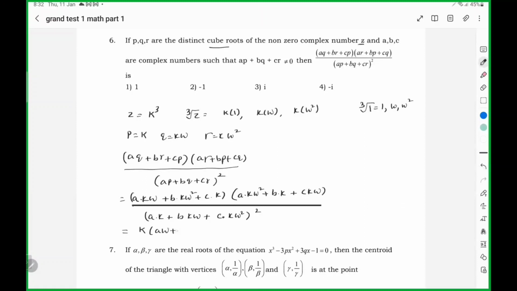Here also, if you take k common, k square if you take common, a plus b omega plus, it cancels.